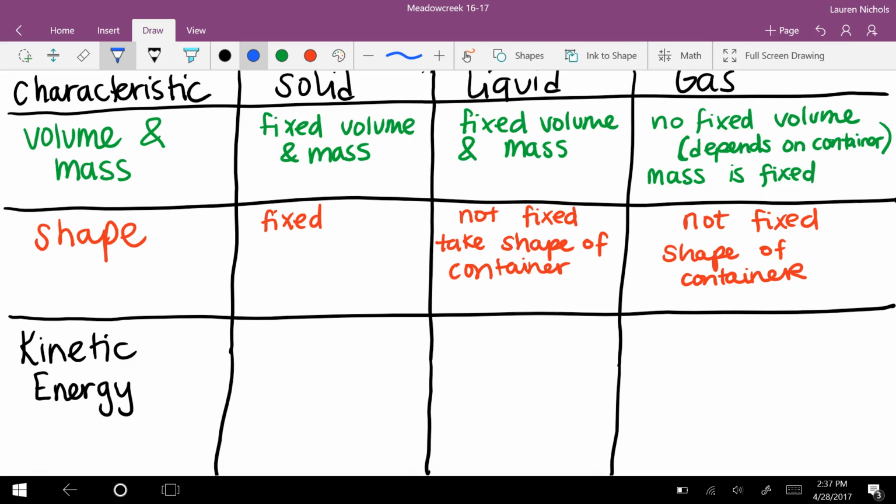Well, gases have the most kinetic energy. So that means they move quickly and they move freely.